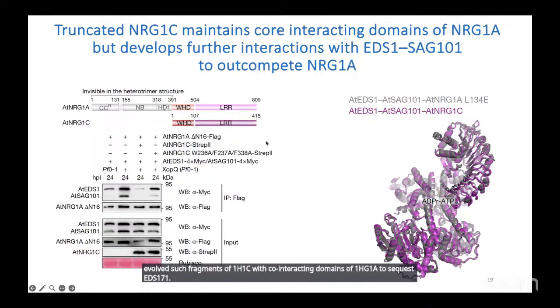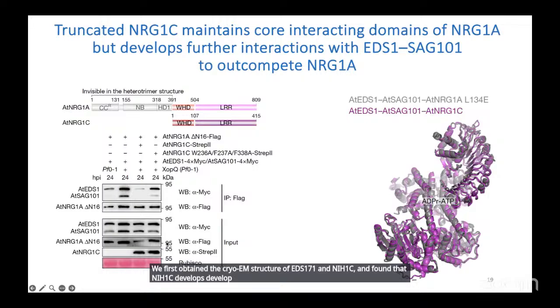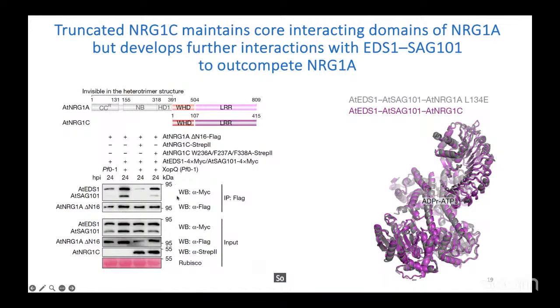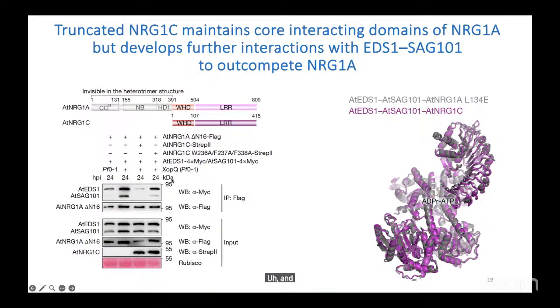We first obtained the cryo-EM structure of EDS1, SAG101, and NRG1C, and found that NRG1C develops further interactions with EDS1, SAG101 to outcompete NRG1A. So NRG1C is a strong interactor to sequester EDS1, SAG101 and negatively regulates the functional EDS1, SAG101, NRG1 heterotrimer and the cell death function.